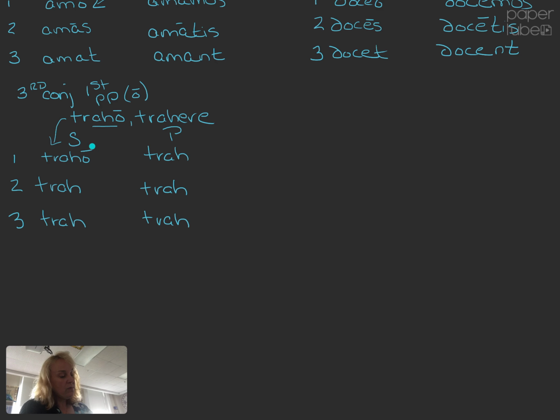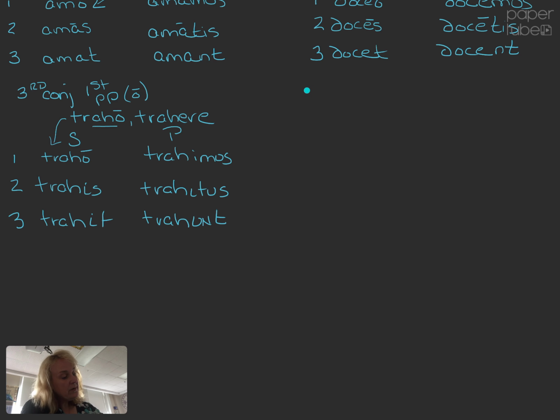So it's o, is, it, imus, itis, unt. None of these forms takes a long mark. Those are all short I's. O, is, it, imus, itis, unt.